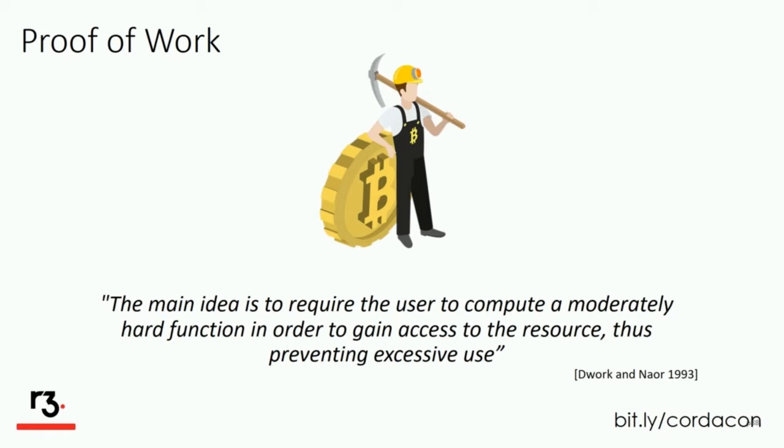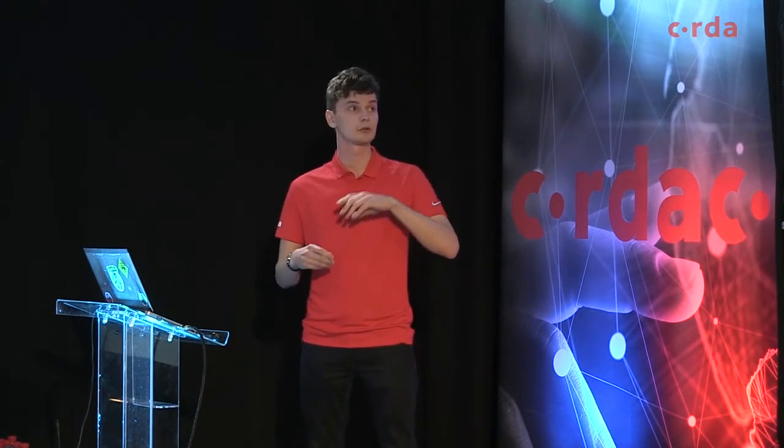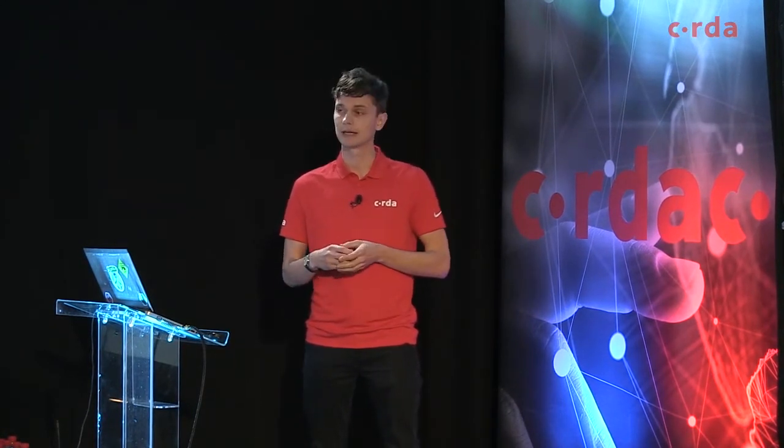The proof of work algorithm has been famously introduced by Bitcoin in 2009, but the actual idea dates way back to the 90s, where there was a proposal for using a similar concept for battling junk mail.